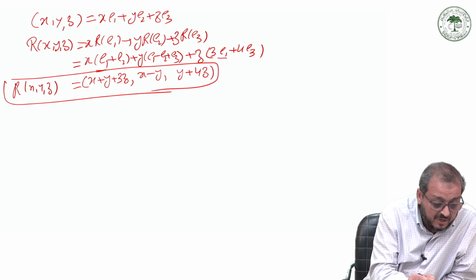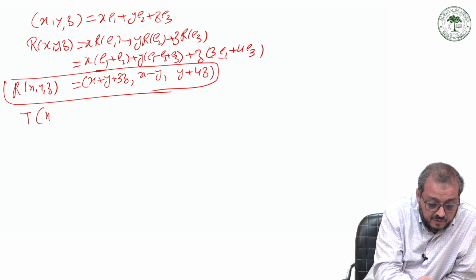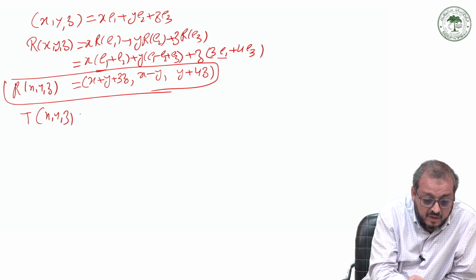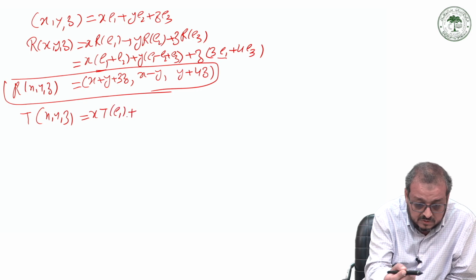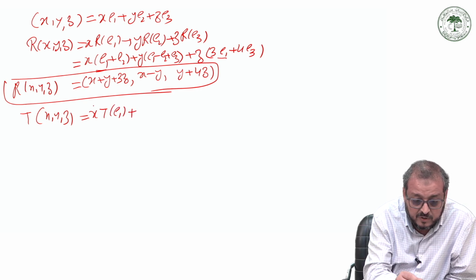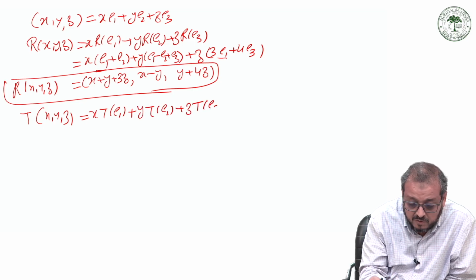In a similar fashion we can write T of x, y, z as x times T of E1, because this is with respect to the standard basis, plus y times T of E2 plus z times T of E3.